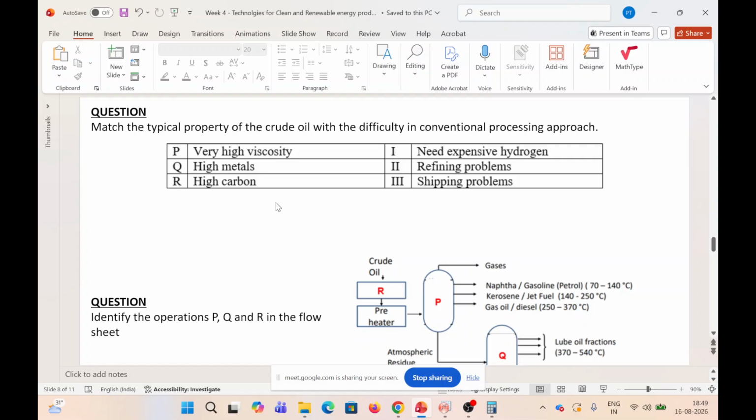You also need to tell me why this could be leading to that problem. We need to know why certain properties lead to some problems.